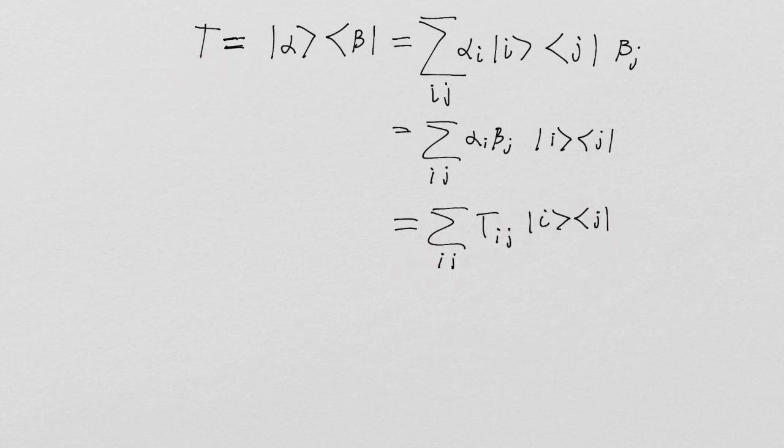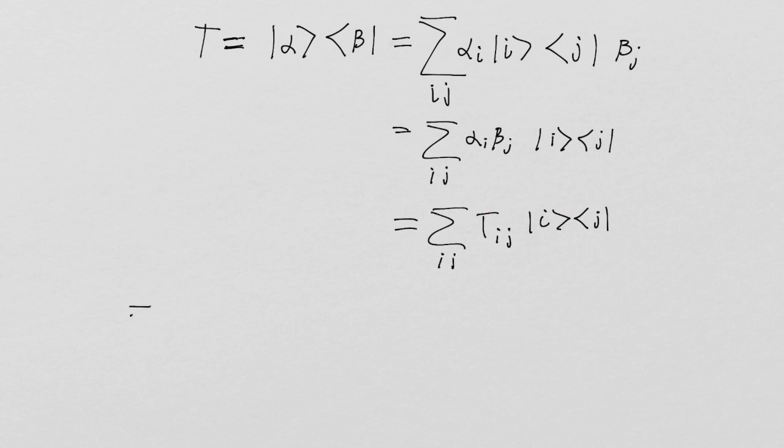And again, everything comes down to a basis. This is almost like a basis for all linear operators, right? So the point being that we can reduce any operator written in the form of an outer product into this summation of the basis outer products, or outer products of the basis.